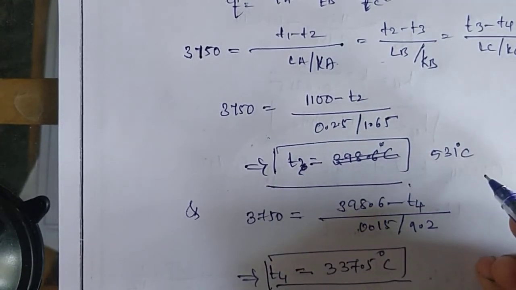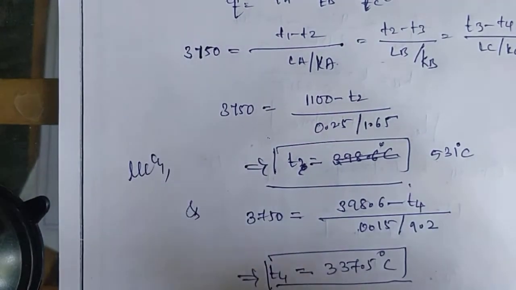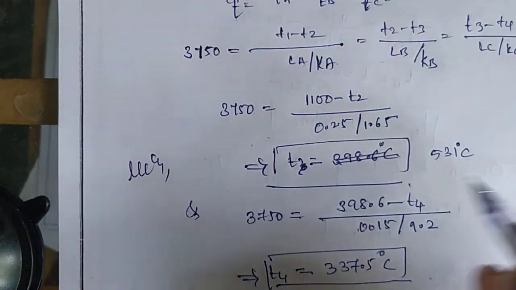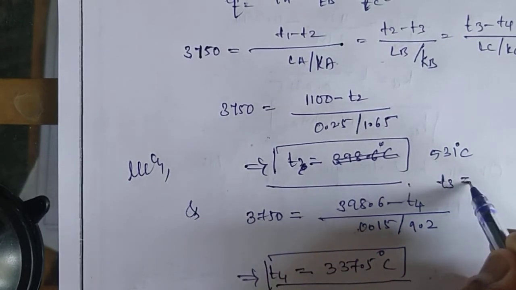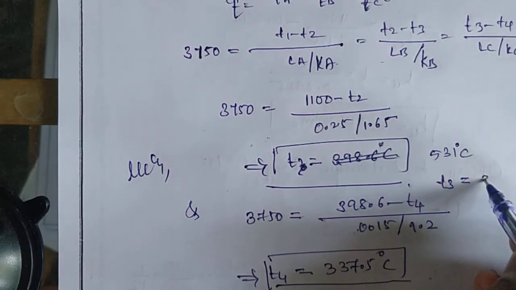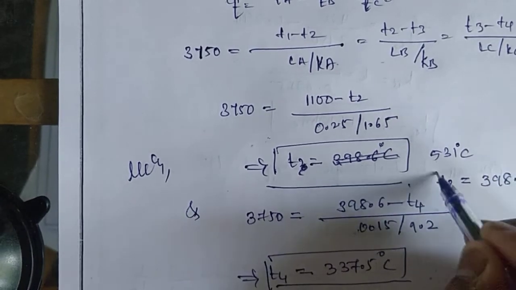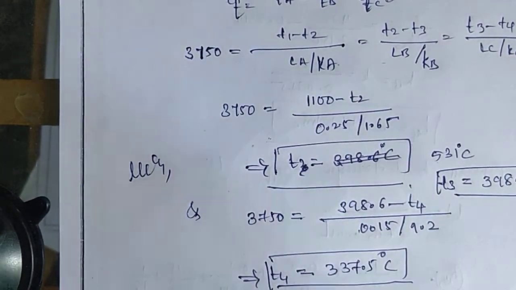T3, similarly we can find out. T2 is how much? 531 degree centigrade. And T3 is 398.6 degree centigrade.